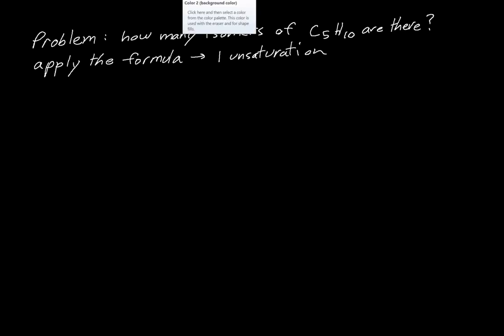For example, how many isomers of C5H10 are there? If you were to apply the formula above, you would find out that there's one unsaturation. The way I like to approach these problems initially is, okay, 5 carbons, 1, 2, 3, 4, 5, and connect those.